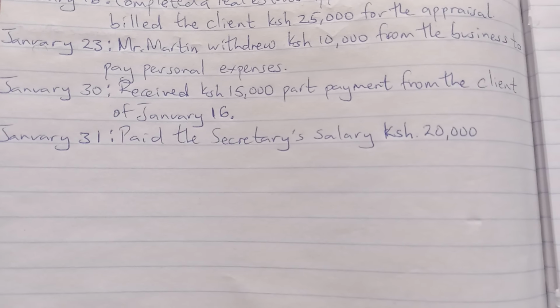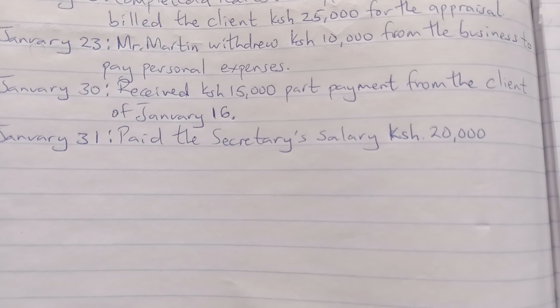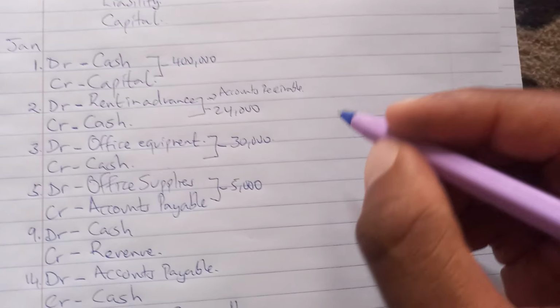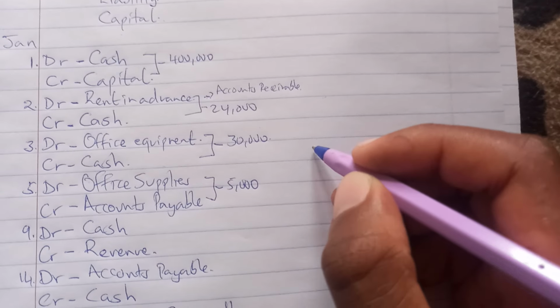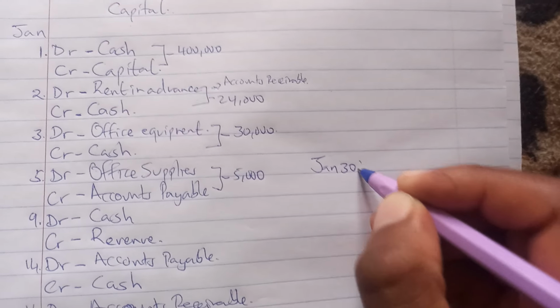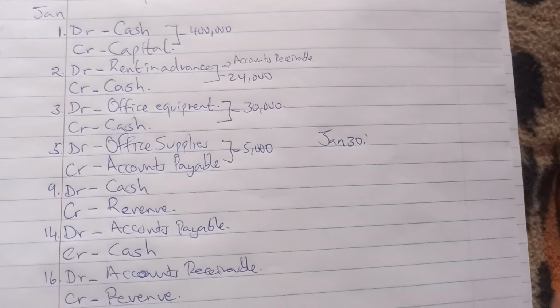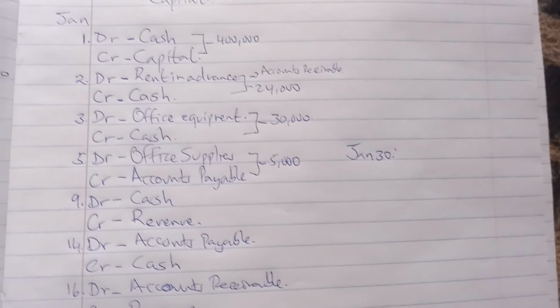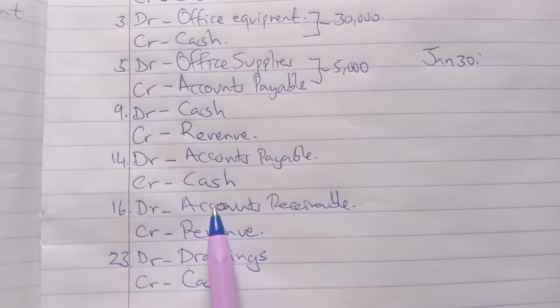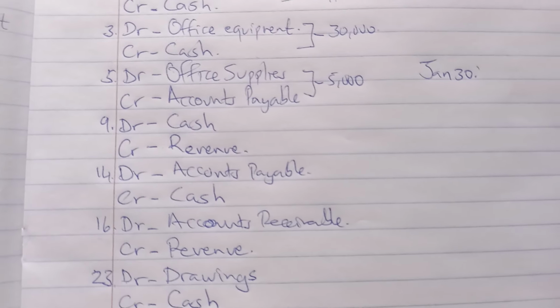So January 30th, we receive 15,000 part payment from the client of January 16. That one is January 30th. So let me just write it here. So in January 30th, that client from January 16, that client is our debtor. Okay?